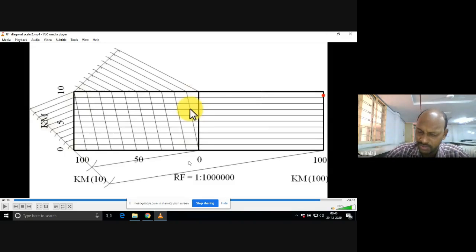But what happens if you take 20 parts, right hand side of the 0 mark or left hand side of the 0 mark? You are getting total 10 parts, right hand side 9 parts, left hand side 1 part, right? All 9 parts to the right hand side of the 0 mark, each division will be how much? Each division will be 10, 10.